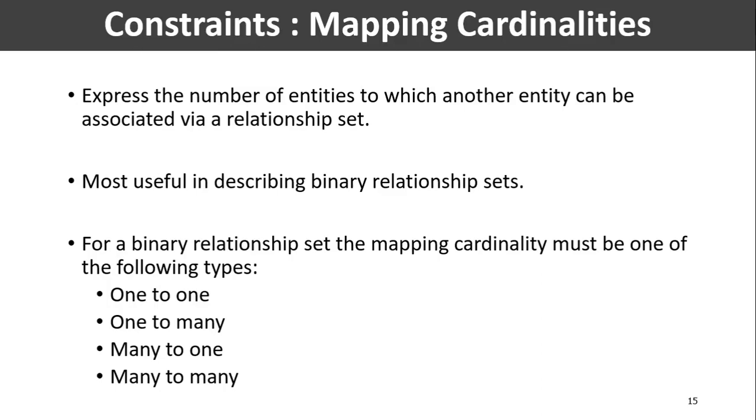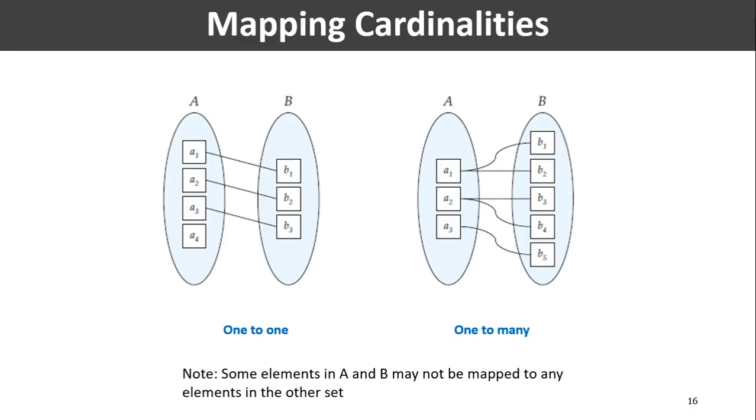So we are going to talk about all those different kinds of mappings, and also we are going to discuss those concepts of mapping cardinalities with the examples. Right? So let's proceed with the pictorial representation of mapping cardinalities.